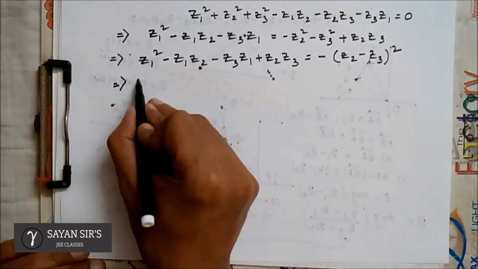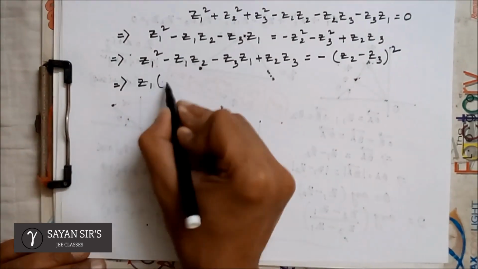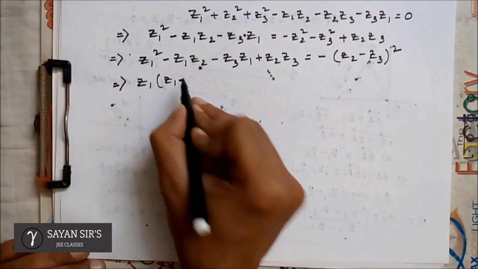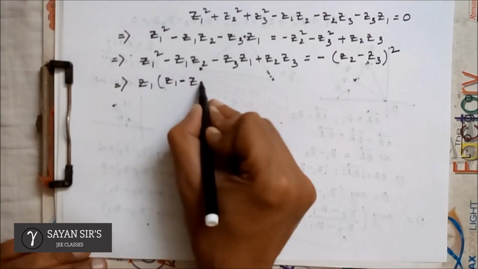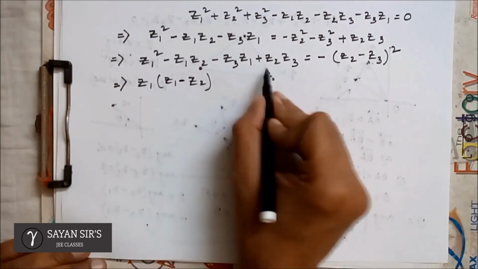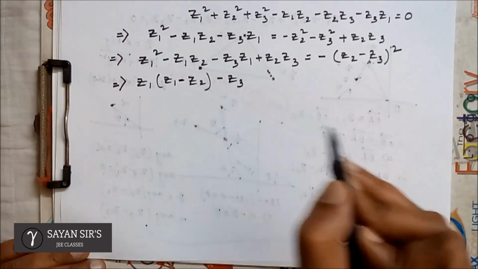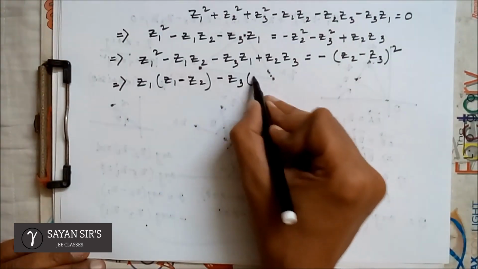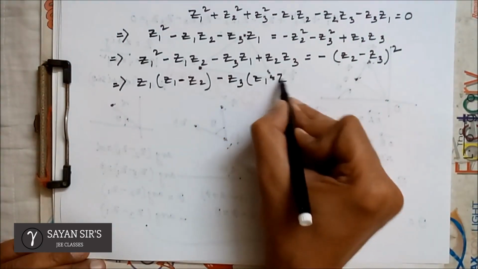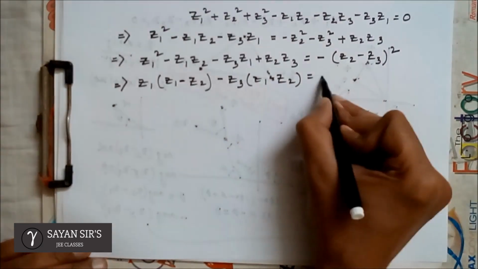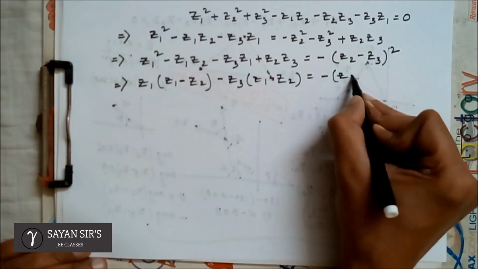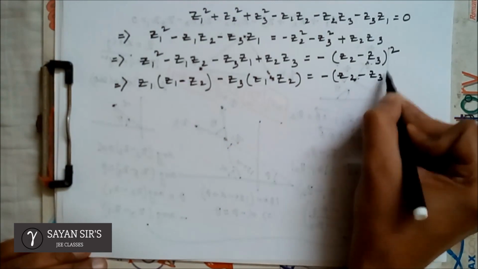From these two terms, I'll take z1 common. I get z1 minus z2. From these two terms, I have a minus z3 common, and I get z1 minus z2, and this equals minus (z2 minus z3) all squared.